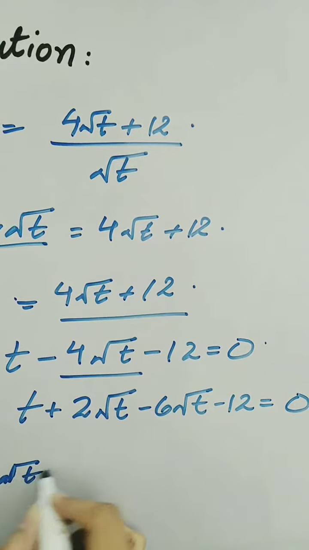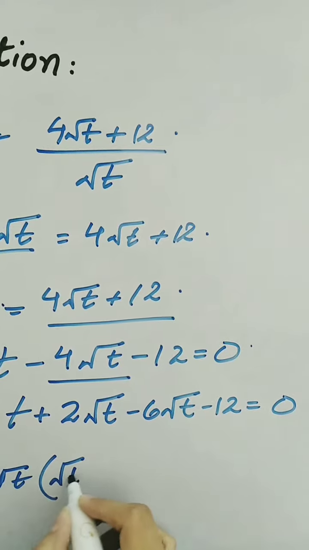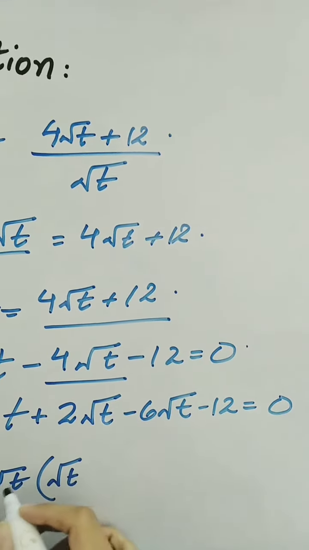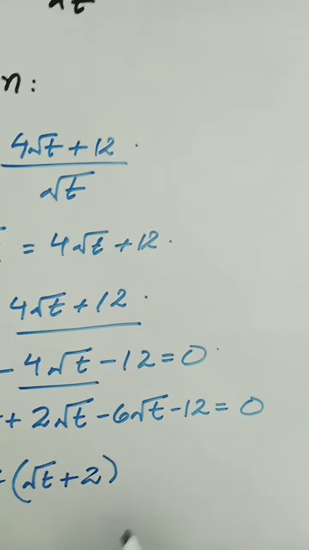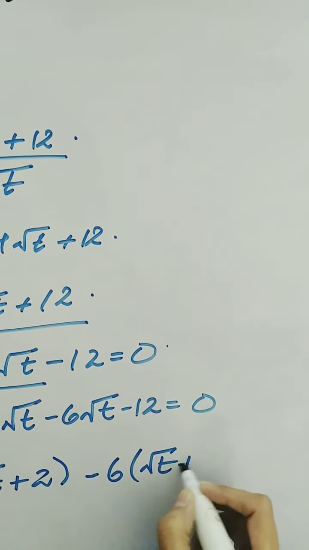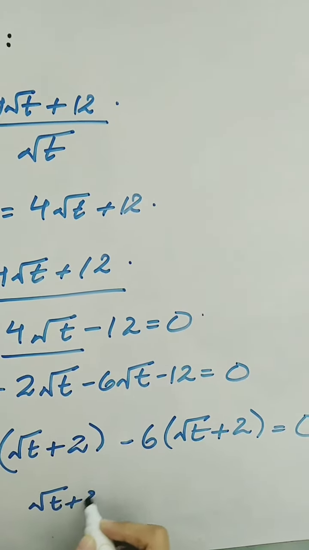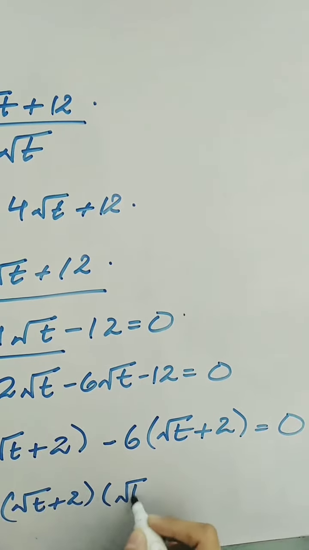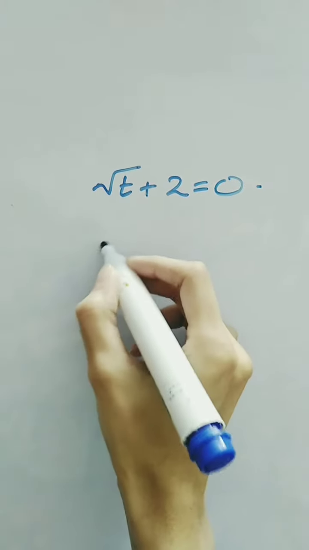Once we take root t common, which means t power half, inside the bracket again root t remains, as when these both multiply, we will have t and plus 2. Similarly, we have taken 6 common here and we have root t plus 2 inside the bracket. So we have root t plus 2 and root t minus 6 is equal to 0. These are the factors.